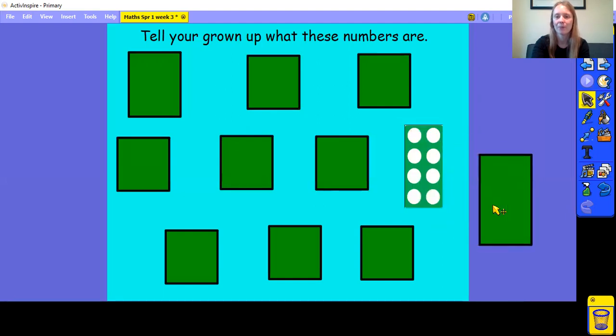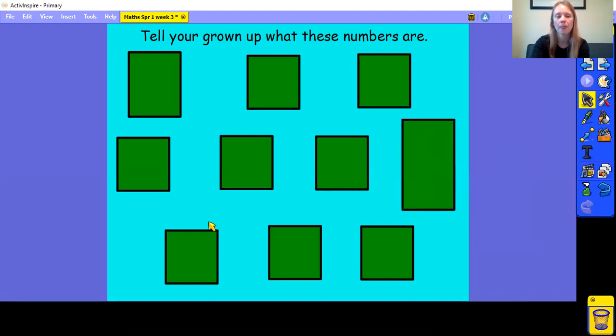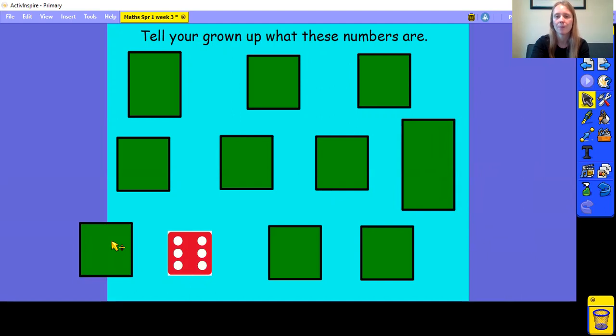What about here? Yes, it's our Numicon piece and it's showing us 8. It has 4 holes on one side and 4 holes on the other side. What about this time? Yes, this one's showing us 6. It's a pattern that we might see on a dice.